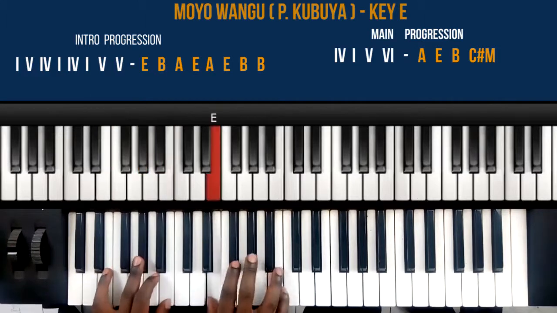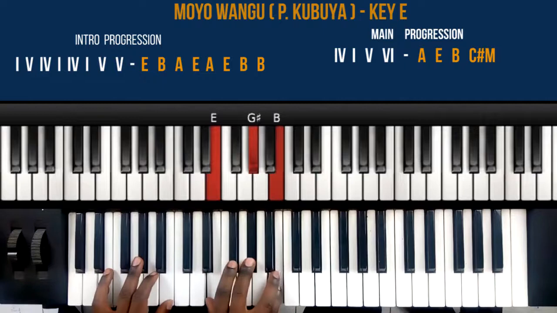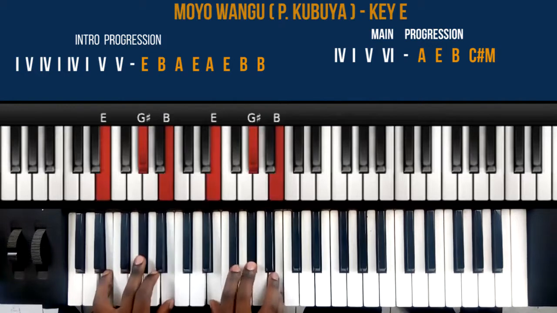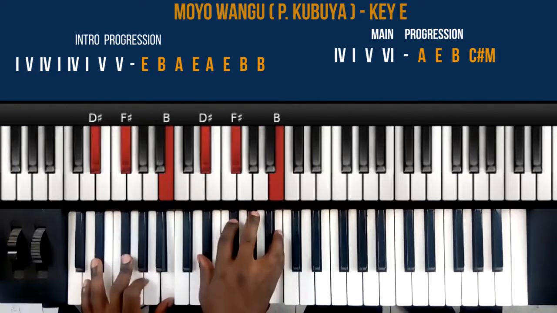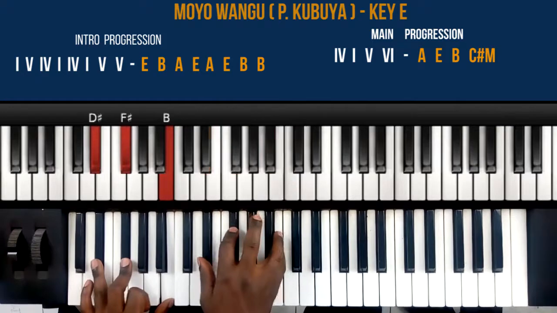On my right hand, note E with my thumb, note G sharp with my middle finger, and note B with my small finger. So that's E.